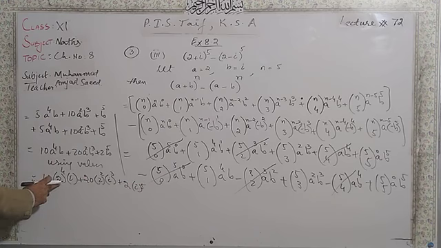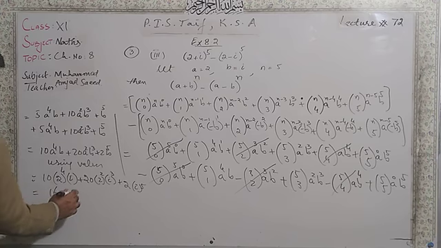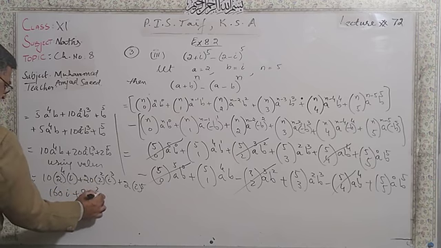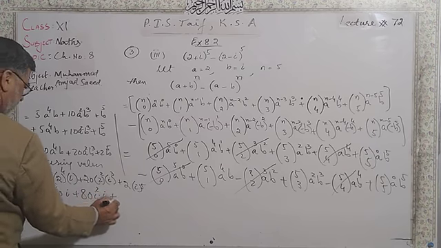Here we can have 2 power 4, that will be 16 into 10, 160 iota. Then this will be 4, this is 80 iota square into iota.